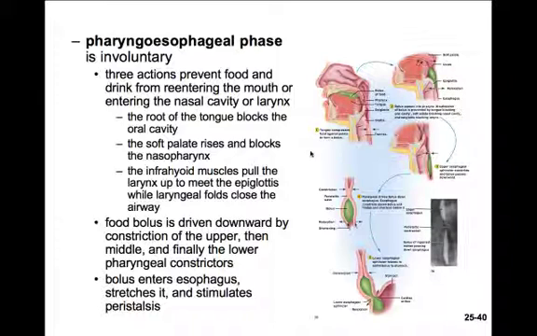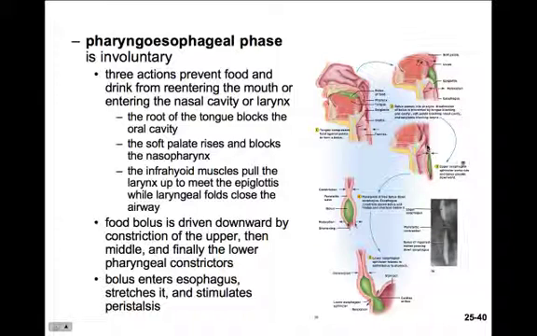And the infrahyoid muscles are going to pull the larynx up to meet the epiglottis, where the laryngeal folds close the airway. The food bolus is driven downward by constriction of the upper, then middle, and then finally the lower pharyngeal constrictors. The bolus enters the esophagus.